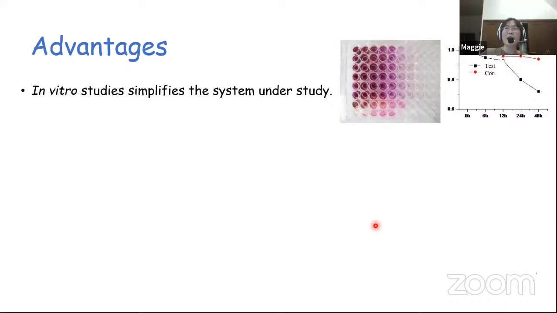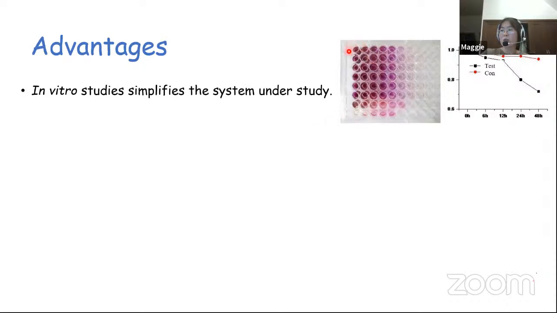For example, if I want to evaluate some compounds for anti-tumor effects, and we use an animal model or a human clinical trial, we need to develop the tumor inside the animals first, and then treat them with the compounds and then evaluate the data, right? So it takes a long time to develop the tumor inside the animals. However, using the in vitro study is much simpler.